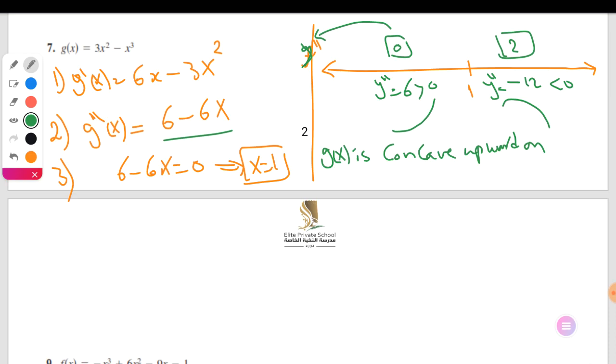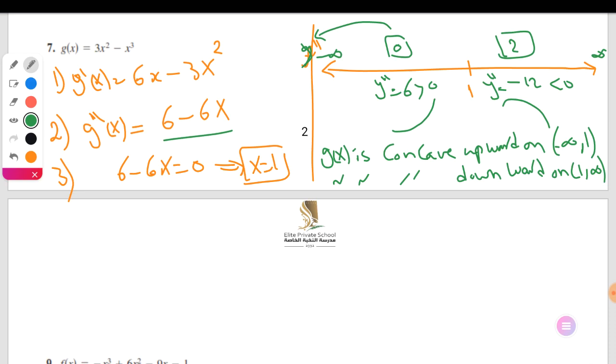Negative infinity to 1. g is concave downward on which interval? 1 to infinity. I hope you understand.